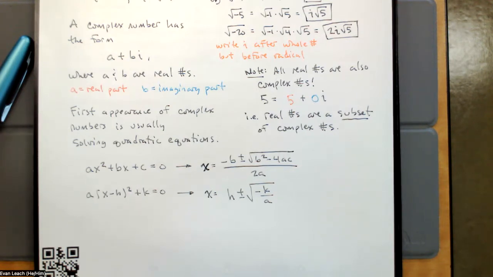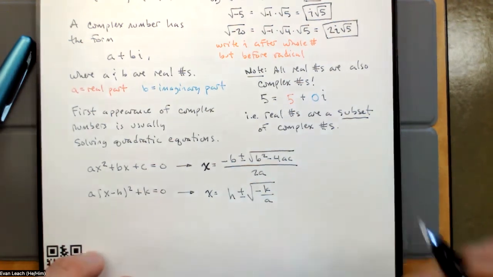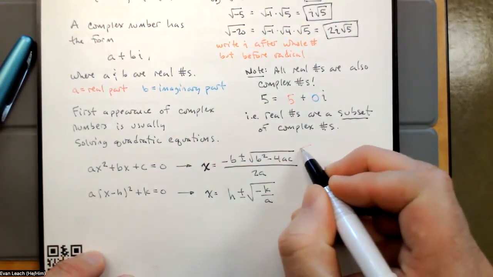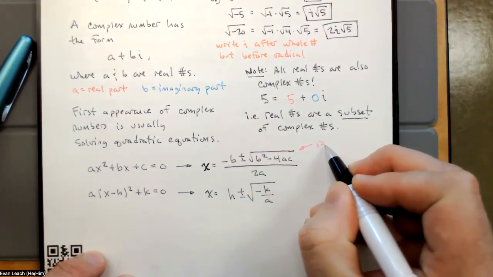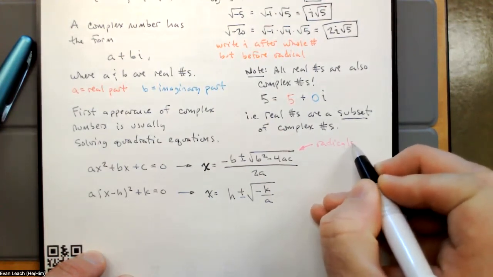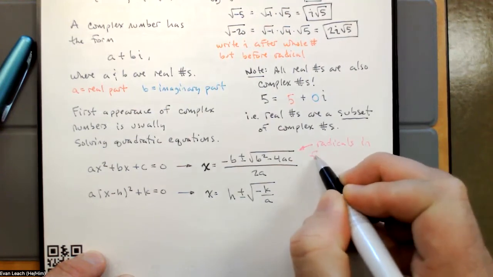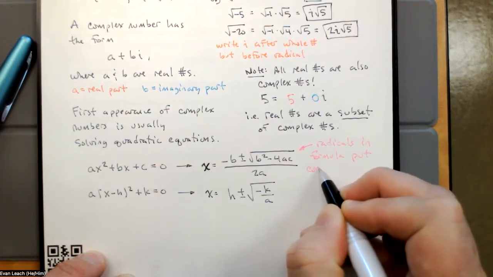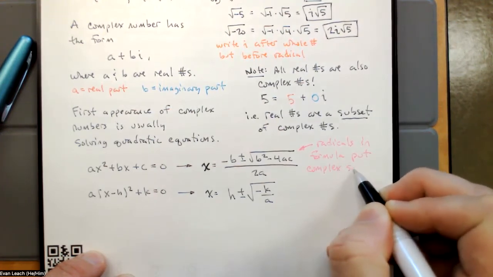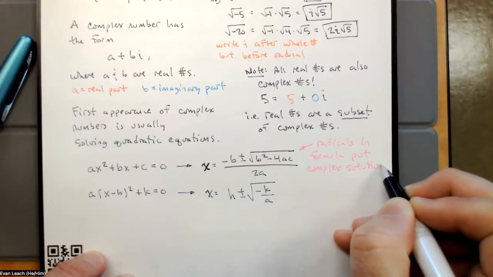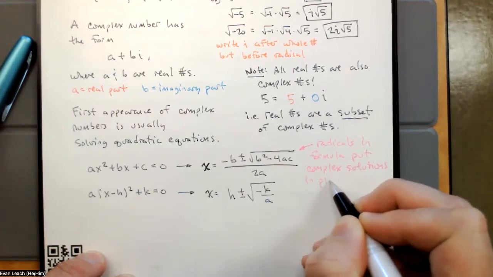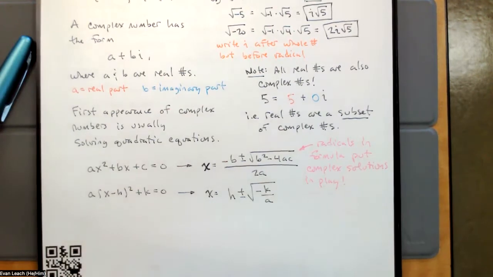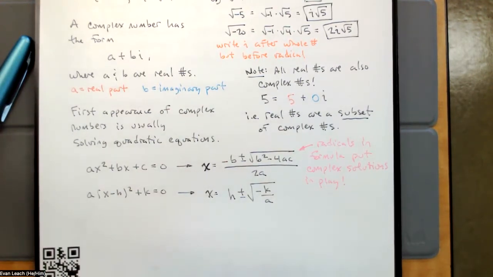So these square roots in our formula could lead to complex solutions. So since there are radicals in the formula, that puts complex solutions in play.